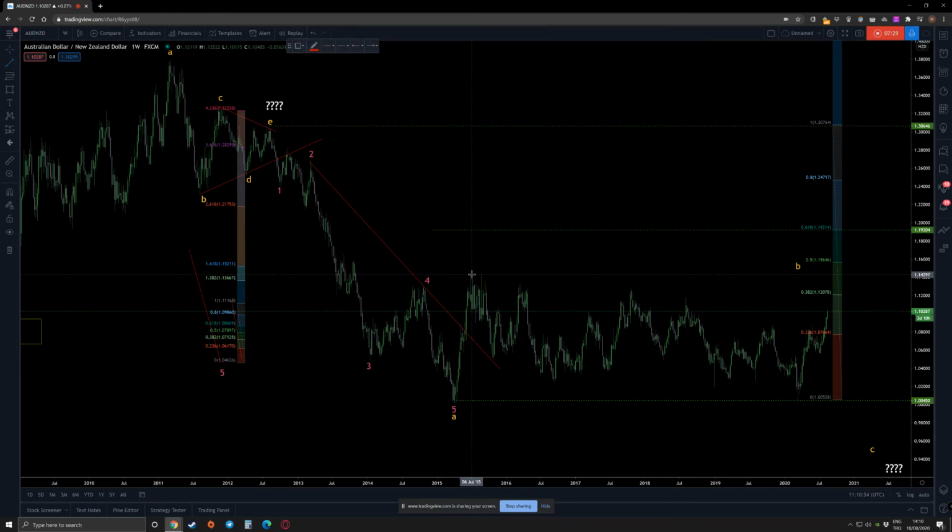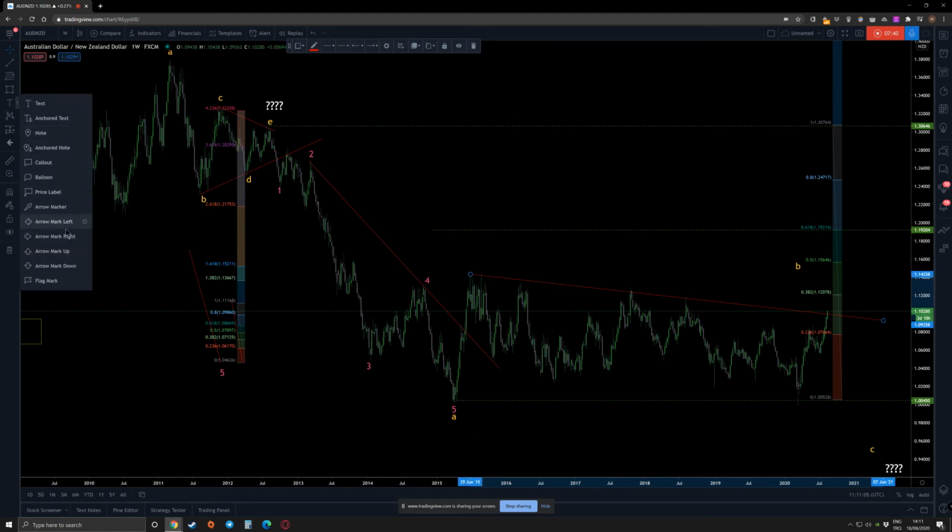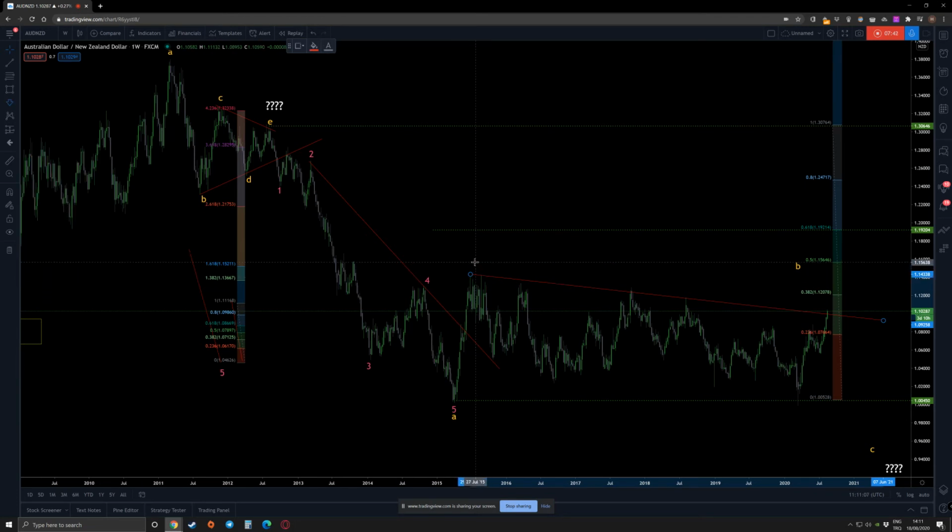Okay, now let's draw a trend line from here to here. Now look where we are. The market came many times here, here, here, here, here, and don't forget this is a weekly chart.